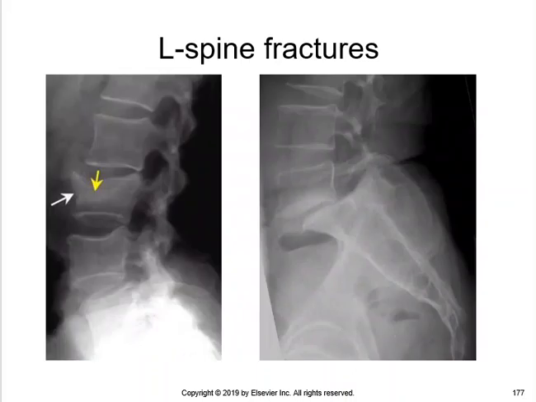So L-spine fractures, again, we're back to compression fractures in a lot of cases. If the patient's in some sort of heavy trauma, if they fell and landed on their butt, then in a lot of cases you can have a compression fracture, or you can have subluxation. This would be a non-traumatic subluxation.